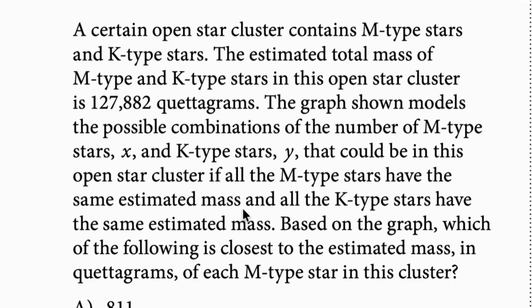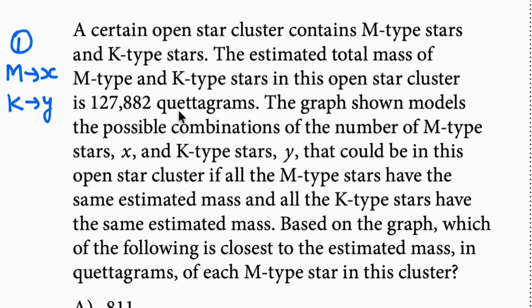See, this seems to be very lengthy information, but let's break it down. First, let's break it into pieces of information. It's about the number of stars. M-type stars are on the x-axis and K-type stars on the y-axis. The graph is given only about numbers.